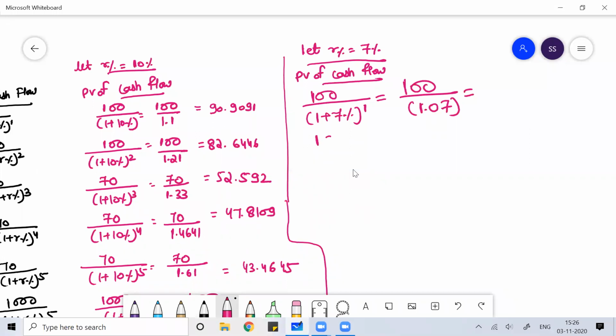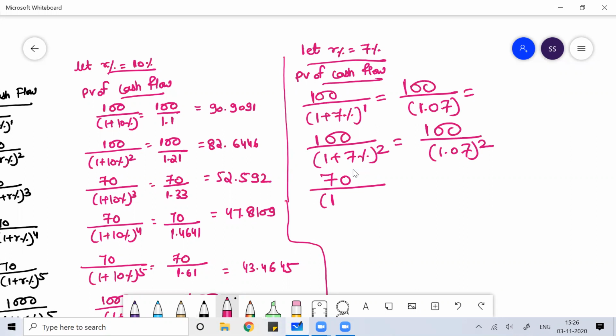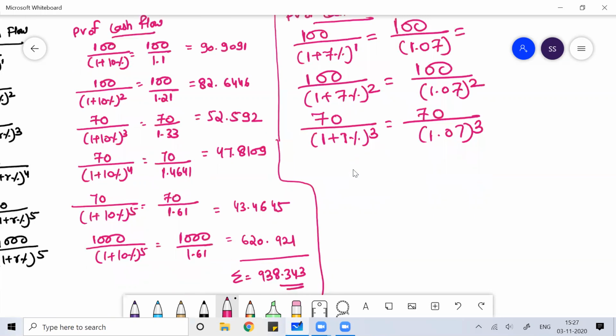Then for year 2, that would be 100 divided by 1.07 squared. Then for the third year, that would be 70 divided by 1 plus 7% for year 3, so 70 divided by 1.07 to the power 3. Then for the fourth year, that is 70 divided by 1.07 to the power 4.